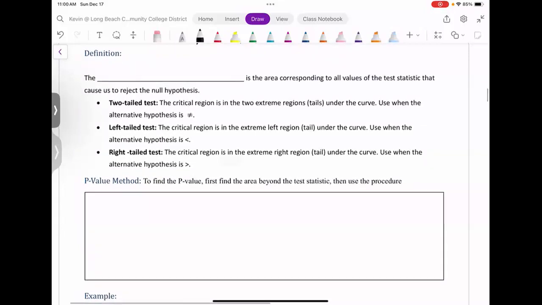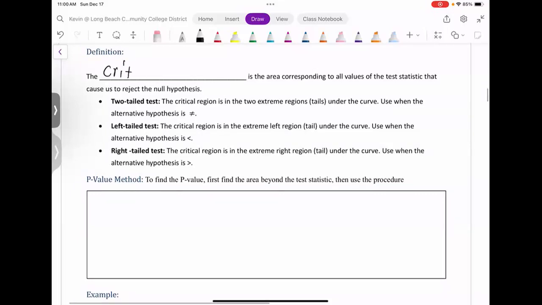Let's talk critical region. The critical region is the area corresponding to all values of the test statistic that cause us to reject the null hypothesis. Meaning, if we reject the null hypothesis, we're thinking, you know what, the null hypothesis wasn't working out. I think the alternative is a better idea.